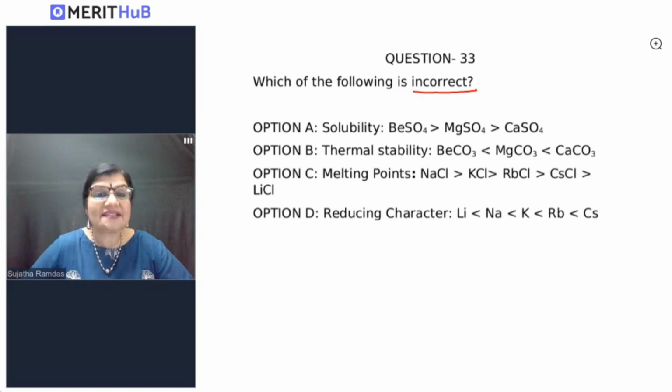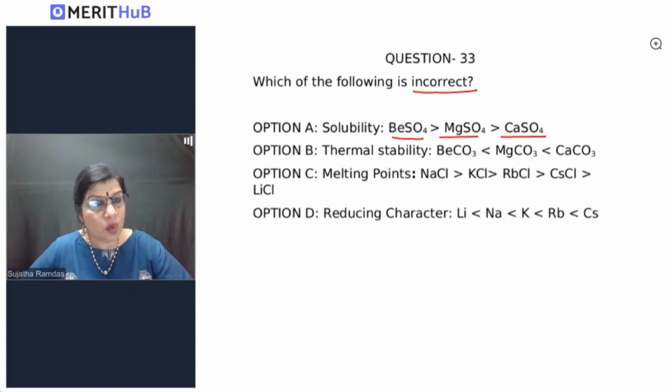Now analyzing these options will help you to recollect a lot of periodic trends that you've studied in S block elements. The first option A states that the solubility decreases in the order beryllium sulfate greater than magnesium sulfate greater than calcium sulfate. So let's analyze option A first, and then we will move on to the various options one by one.